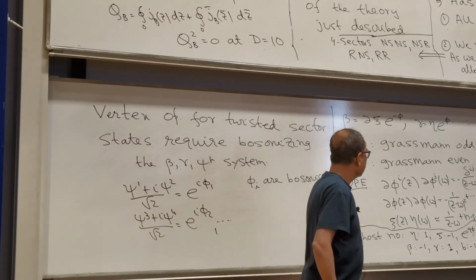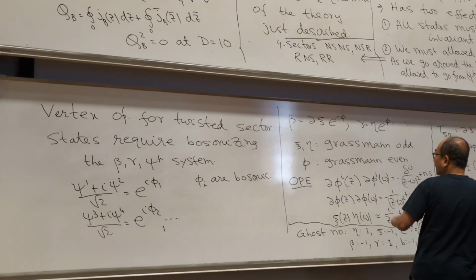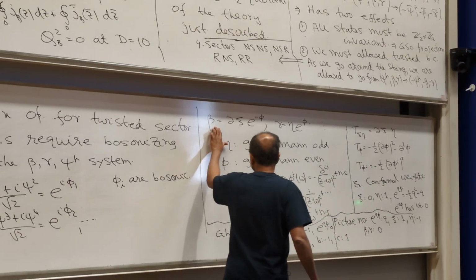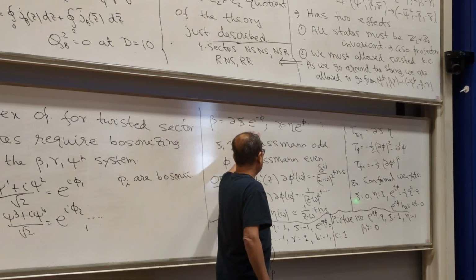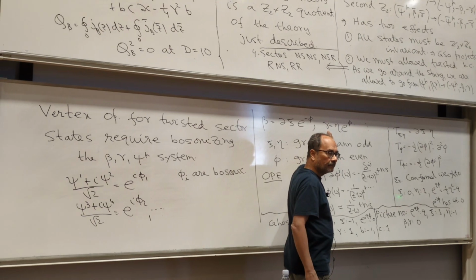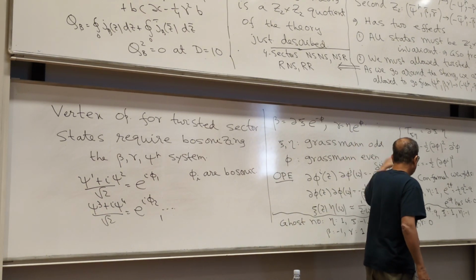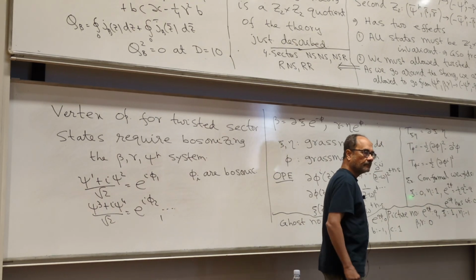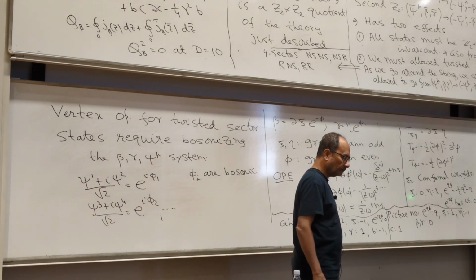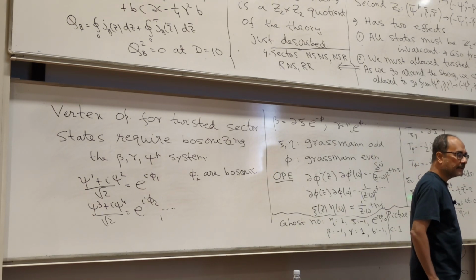You can check that if you use these rules, and if you calculate the conformal weight of beta, you will get 3/2, and if you calculate the conformal weight of gamma, you will get minus half. Because eta provides 1 and this will provide minus 3/2, so you will get minus half. Any questions?